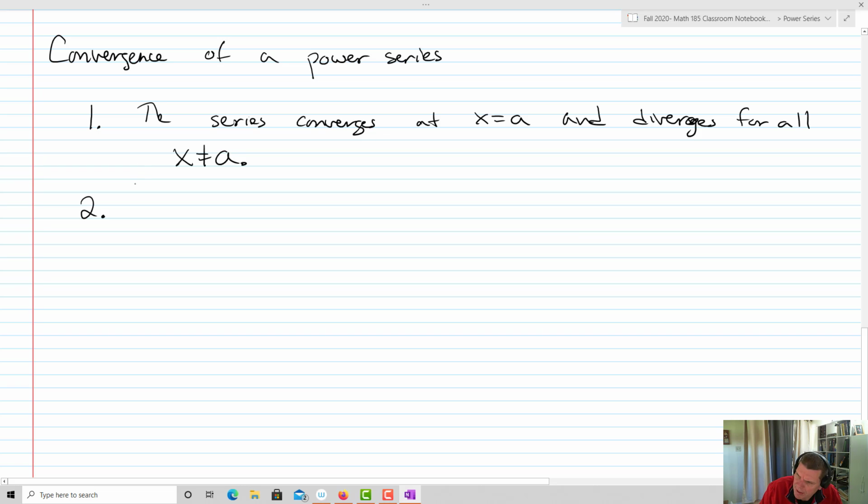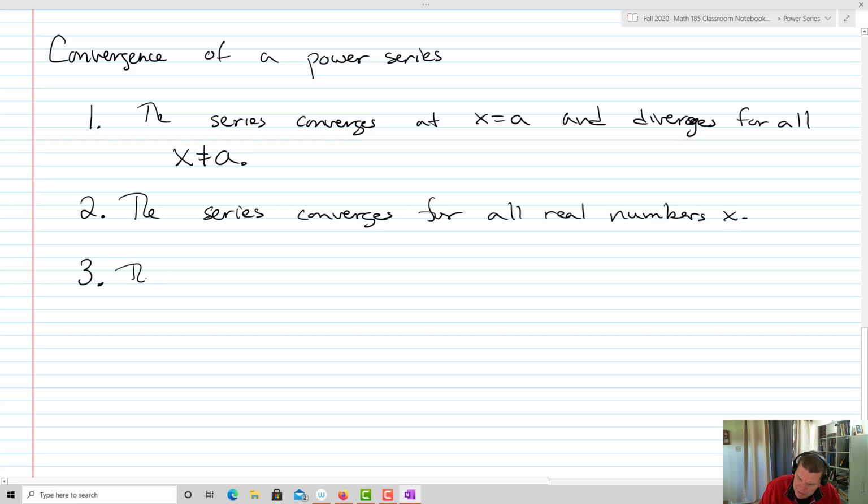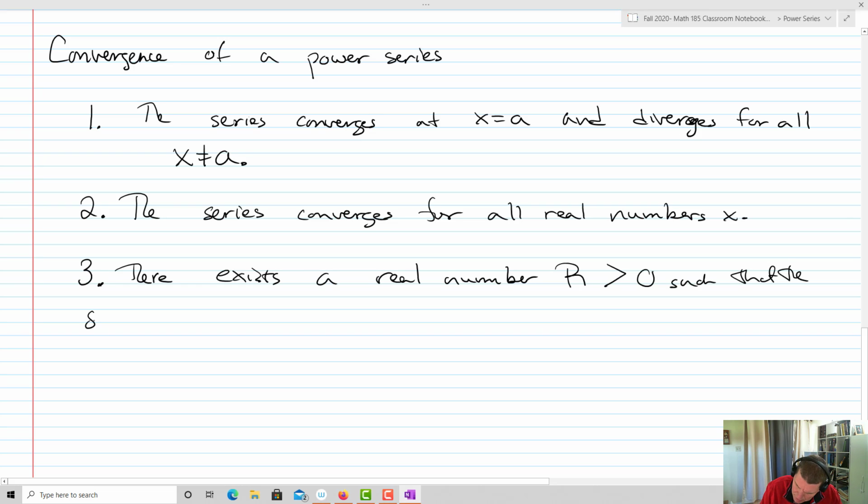Two, we've got the series converges for all real numbers x. And then three, there exists a real number r greater than 0 such that the series converges if the absolute value of x minus a is less than r.